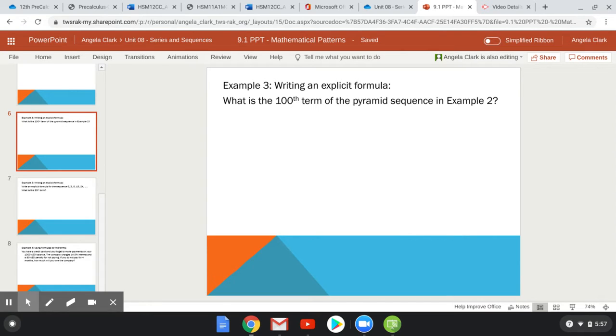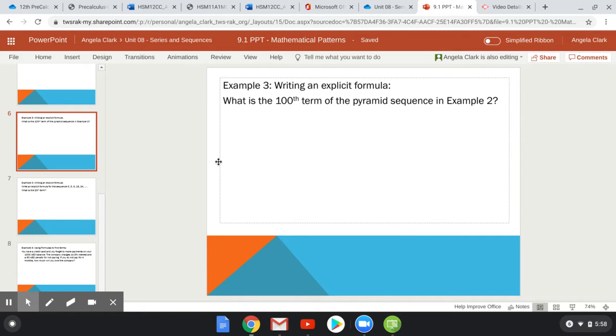All right, so continuing with 9.1, do you remember the pyramid example? A couple of examples ago, we had a set of two-dimensional pyramids where each row had one more block. So the first row had one block, the second row had two blocks, the next row had three blocks. And we were asking how many blocks it takes to make a pyramid if each pyramid has one more row than the last one.